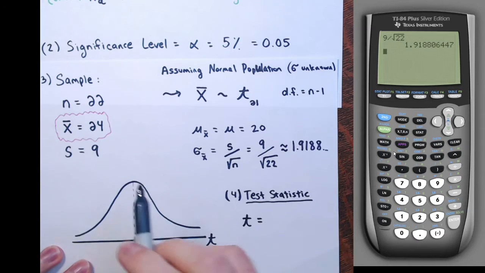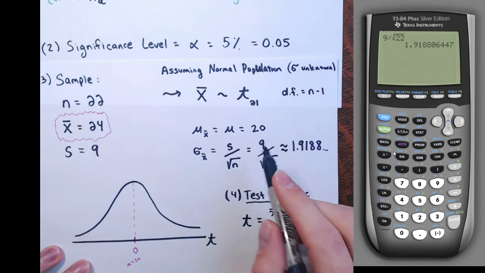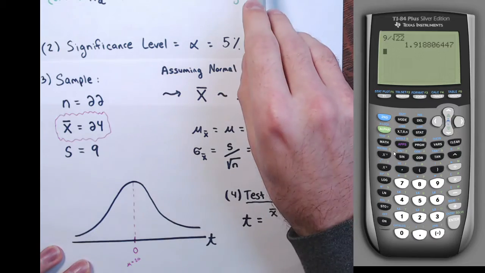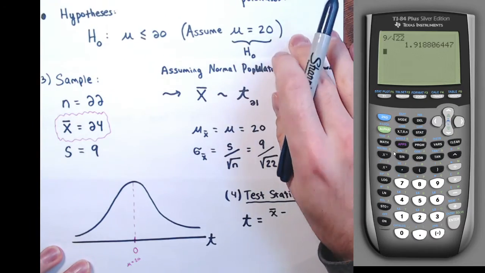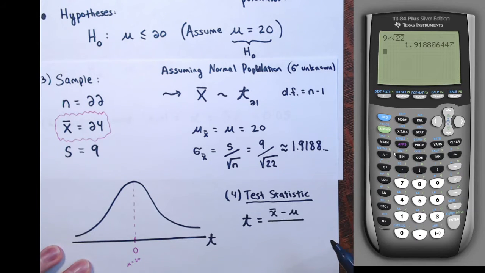The t-score for our sample mean, and I'll write the formula again. You take your sample mean, subtract the population mean that's being assumed from the null hypothesis, right? We're assuming that mu is 20. And then dividing it by the standard deviation of the sample means, which is this s over the square root of n this time, right? It's s, not sigma, because we don't know sigma.